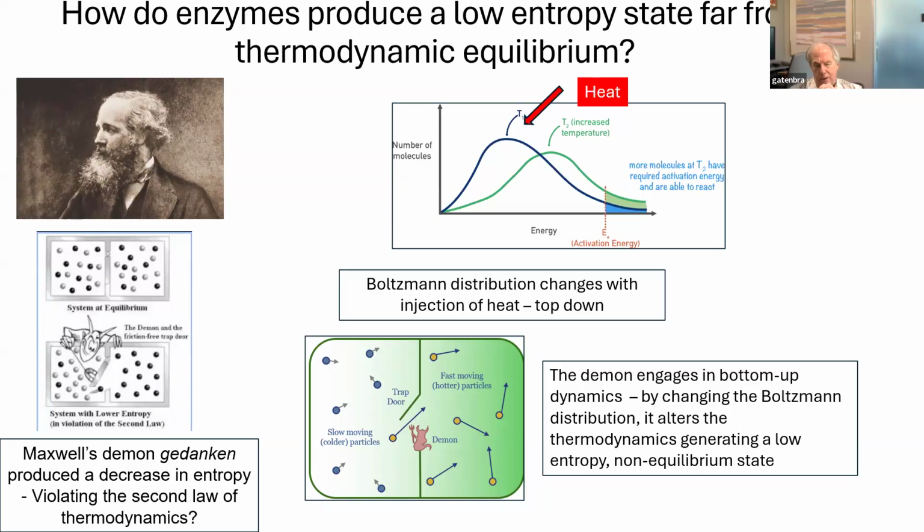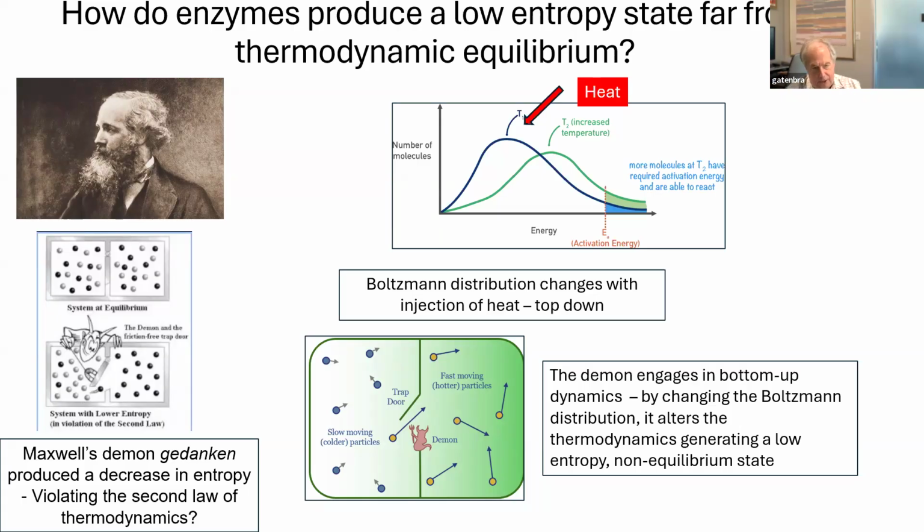And in Maxwell's thought experiment, this is a violation of the second law of thermodynamics. And that has been, I think, how it's been looked at for the past 150 years, based on the literature I can read at least. But to me, I think that the lesson here is one of fine graining and coarse graining. We typically view the Boltzmann distribution as linked to the temperature, in a way that we say if we increase the temperature, the Boltzmann distribution changes.